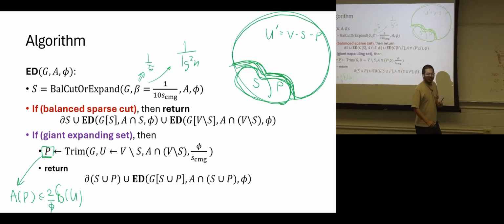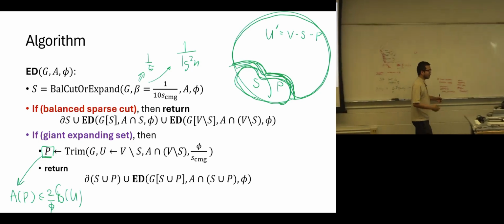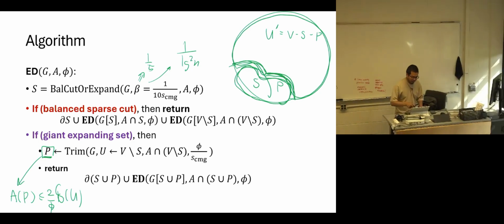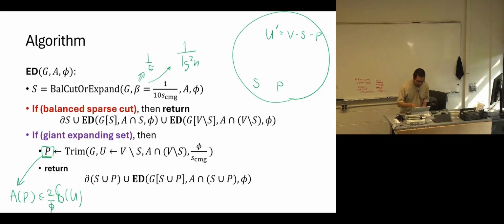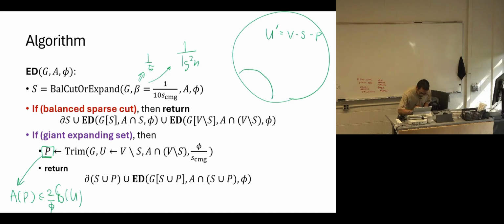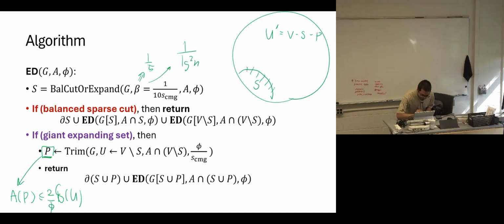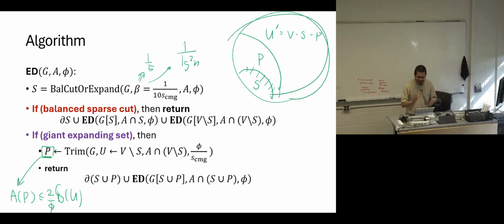We just need to set beta to be small enough so that when you get a set S, we know that this set is not too big, and then P here is still not just everything. We don't prune everything. I hope it makes sense.